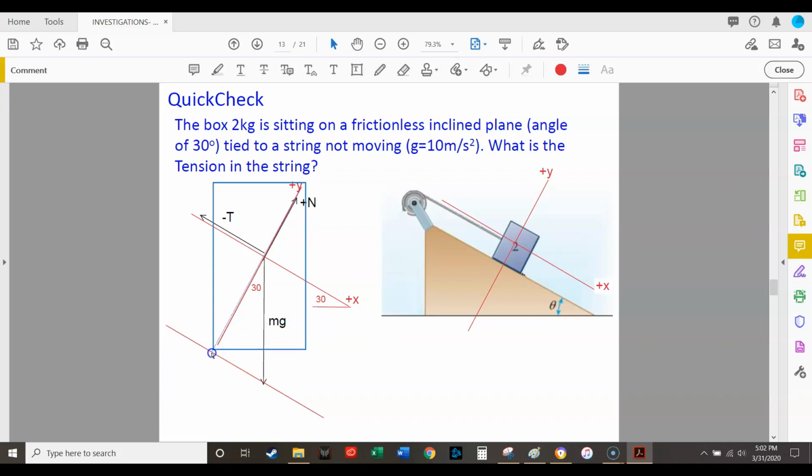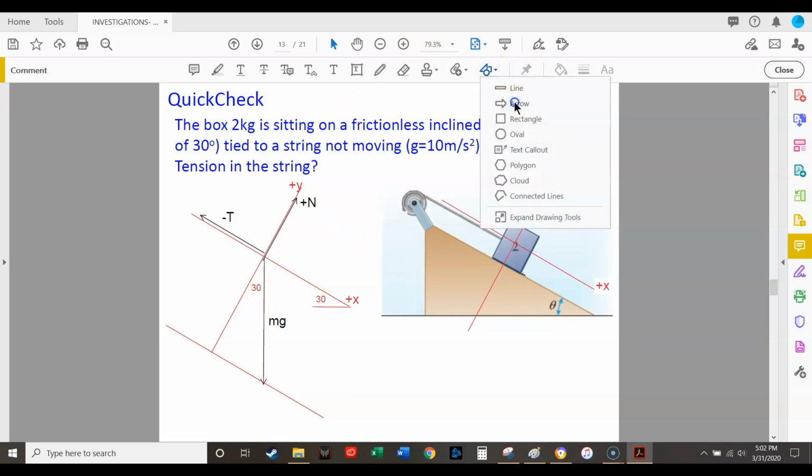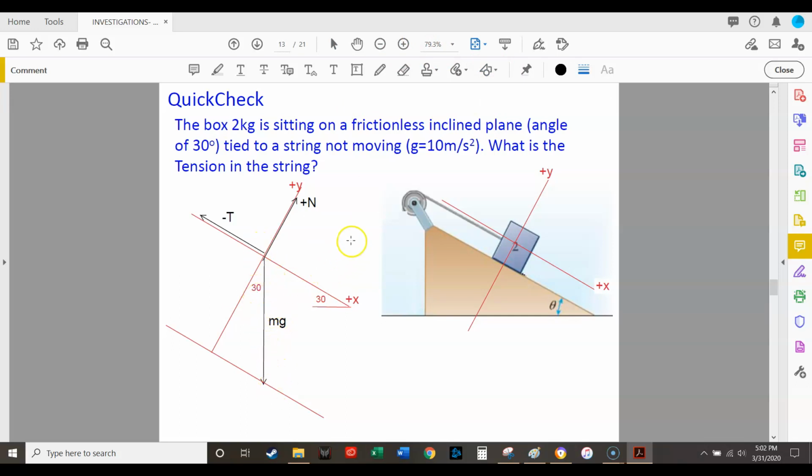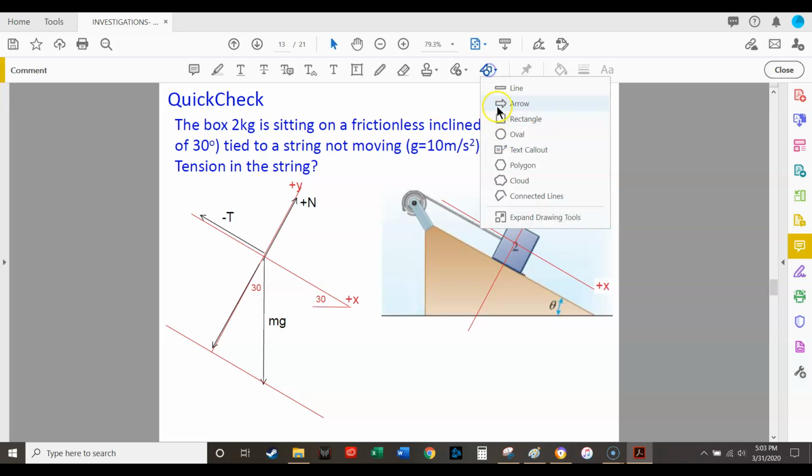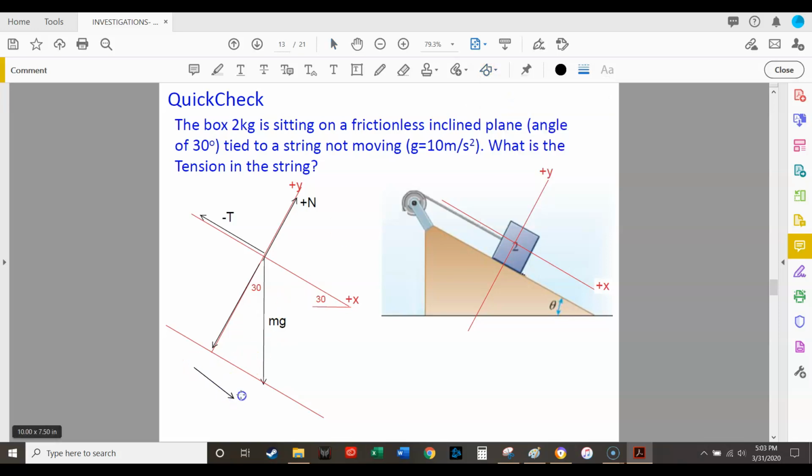I'm going to make this a little bit longer so it's easy to see the triangle that makes around 30 degrees. Let's make that diagonal, which is the hypotenuse mg, with the angle of 30 degrees. If we twist our coordinate system, it's pointing down and to the right, and it's also got another vector pointed to the right.